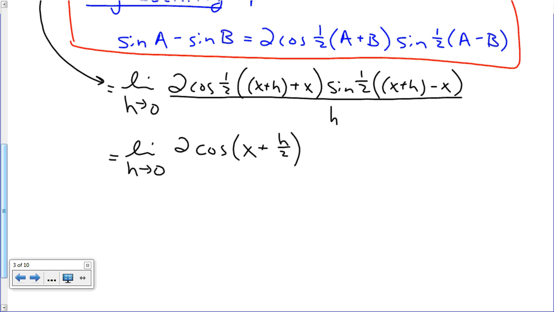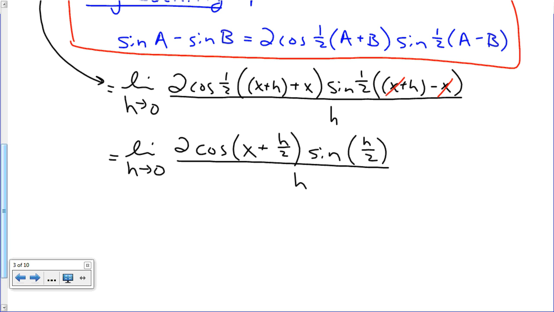You can write it as 1/2 h if you want, same thing. And then for sine, let's do the same thing here. Again, I've got an x plus h minus x. So the x's there cancel out, actually. So all I'm left with is 1/2 of h. I'll write that as h over 2. And we will divide that all by h.